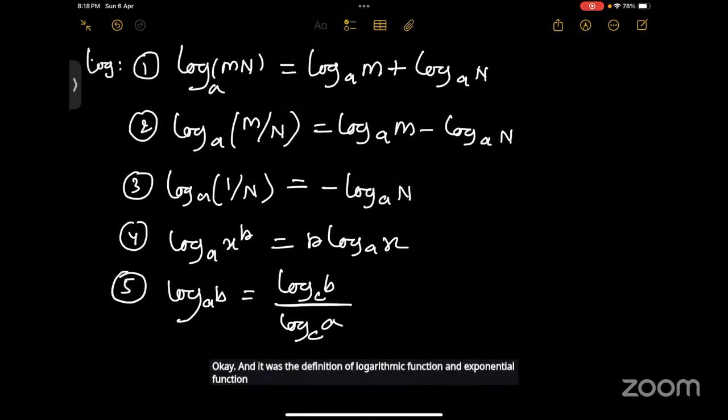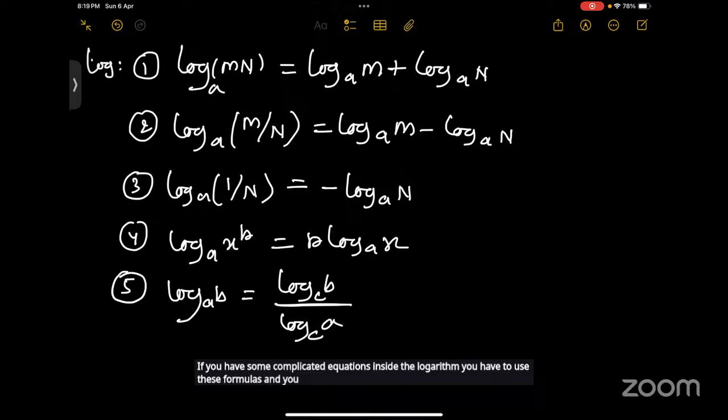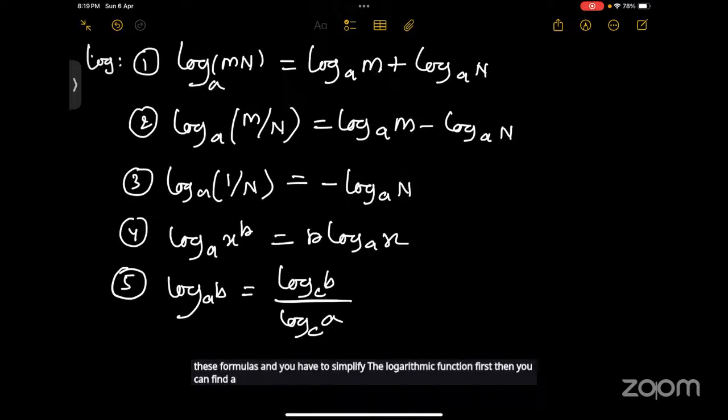So basically, whenever we have a logarithmic function, we can have a question where you may have to find the domain or the range of the logarithmic function. In that case, if you have some complicated expressions inside the logarithm, you have to use these formulas and simplify the logarithmic function first, then you can find the domain.